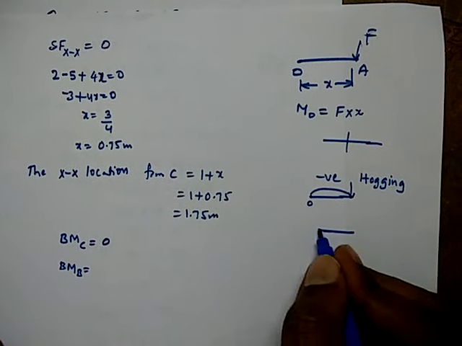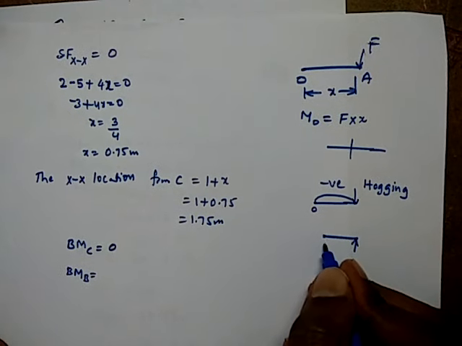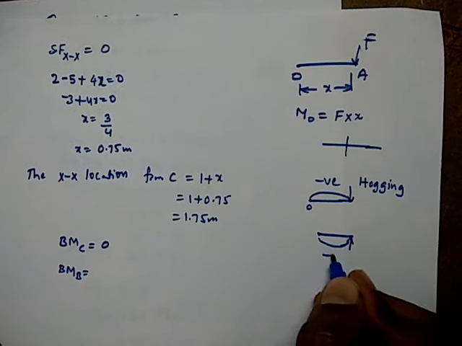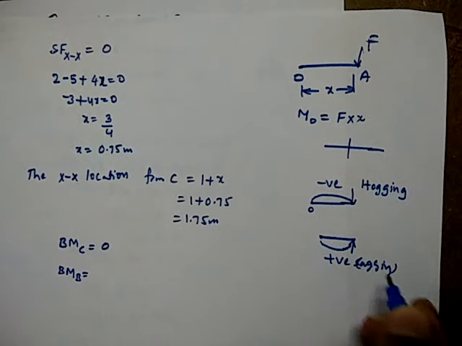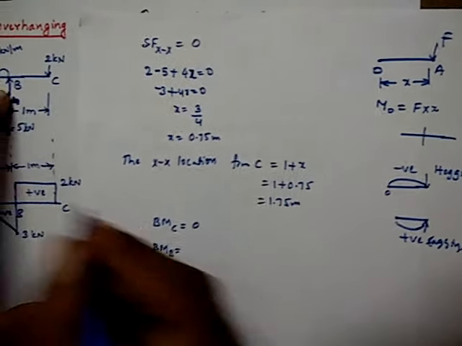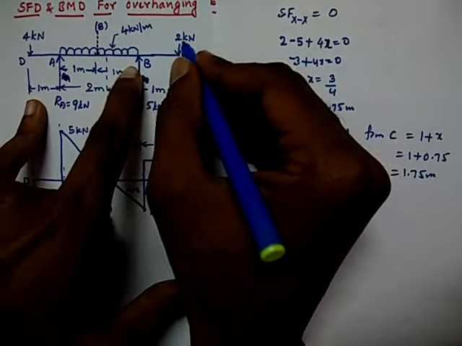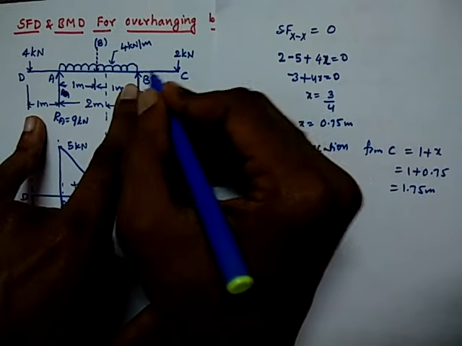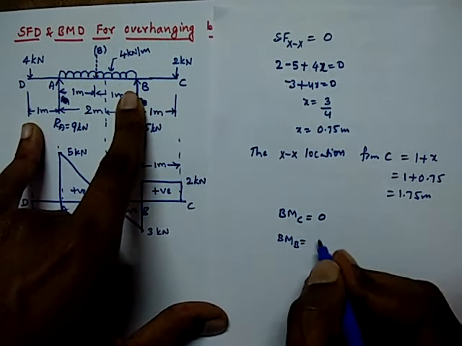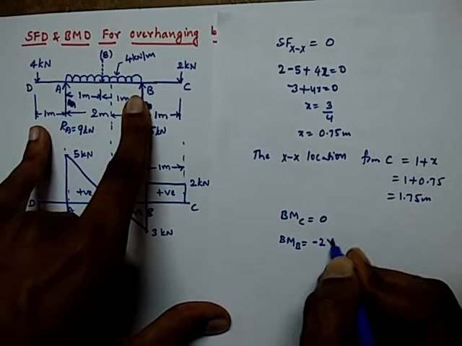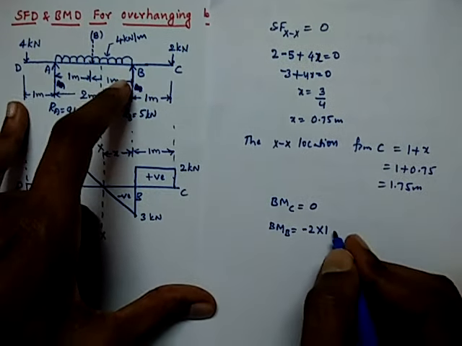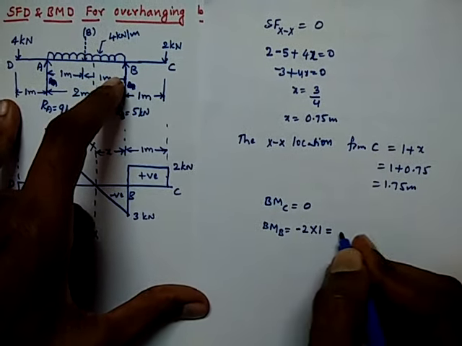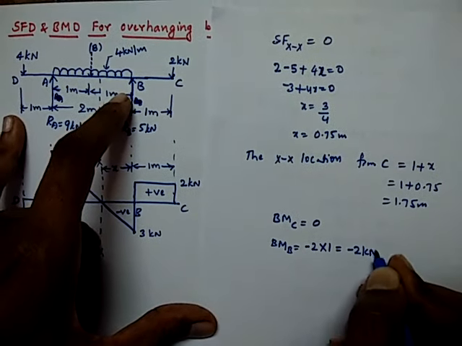And suppose a force is bending the beam or layers of the beam downwards, it is positive and is called sagging, so we take sagging as a positive bending moment. So the bending moment at B: this 2 kilonewtons will bend the layers of the beam in the upward direction, that is negative. So it is minus 2 into the distance between these 2 points, which is 1 here, and the total value of the bending moment is minus 2 kilonewton meter.